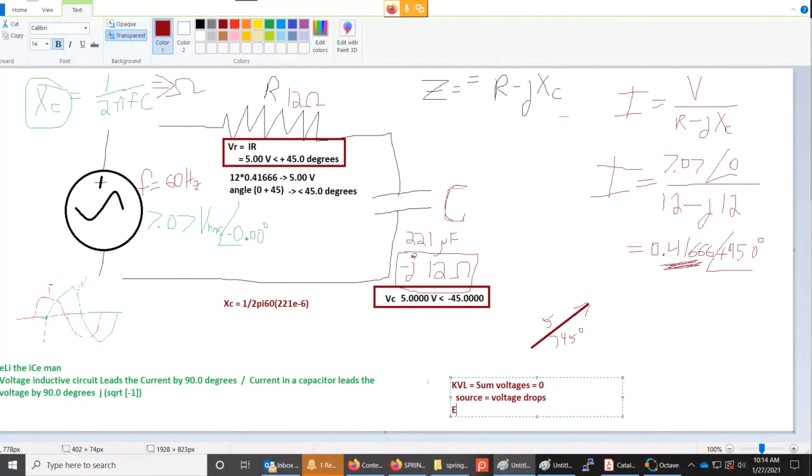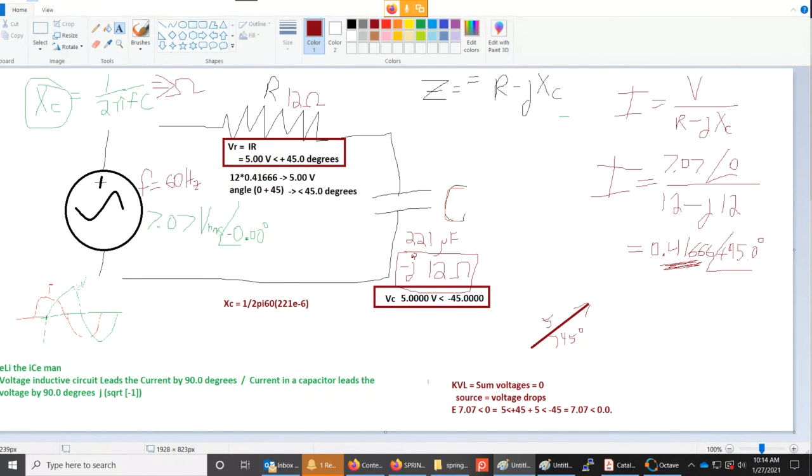We know that E is 7.07 at an angle of 0, and that should add up, if Kirchhoff is correct. So 5 volts at an angle of plus 45 degrees plus 5 volts at an angle of minus 45 degrees should equal the 7.07 at an angle of 0 degrees.